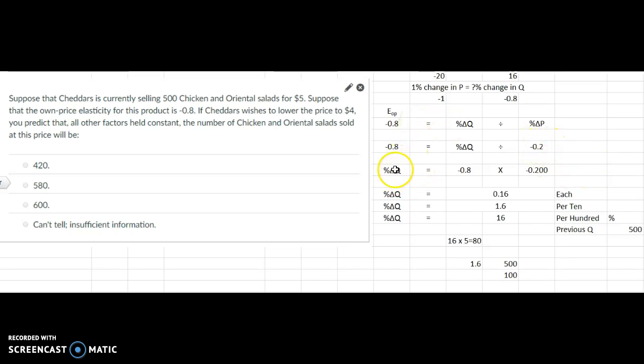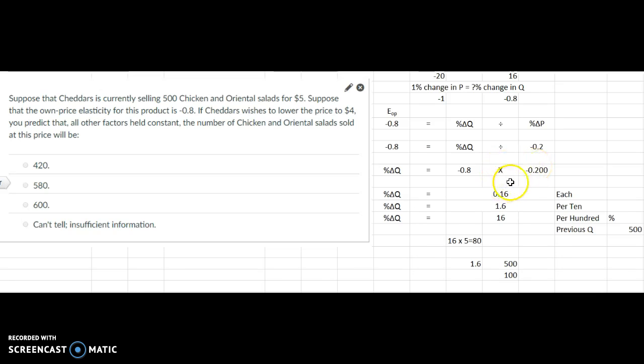If we go to the percent change in quantity, we still don't know that for sure. So we had it inside the working portion of the equation. Now we're going to move that out as to be the final product that we're looking for, and we move that own price elasticity into the middle of the question, and we change the sign to multiply.